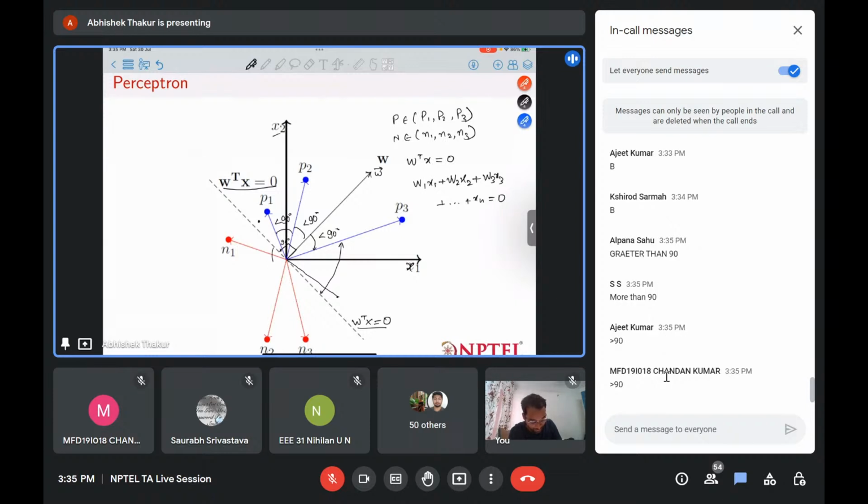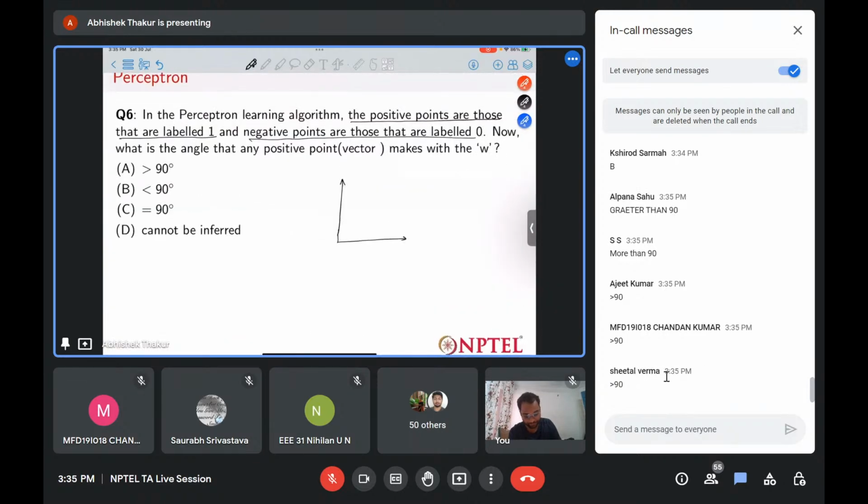Anything adding to this 90 degrees will become more than 90 degrees. So coming to the question, it will make less than 90 degrees for positive points, and for negative points it is greater than 90 degrees.